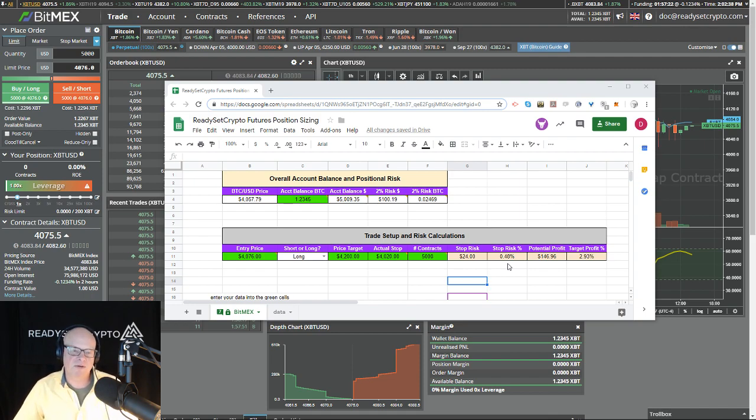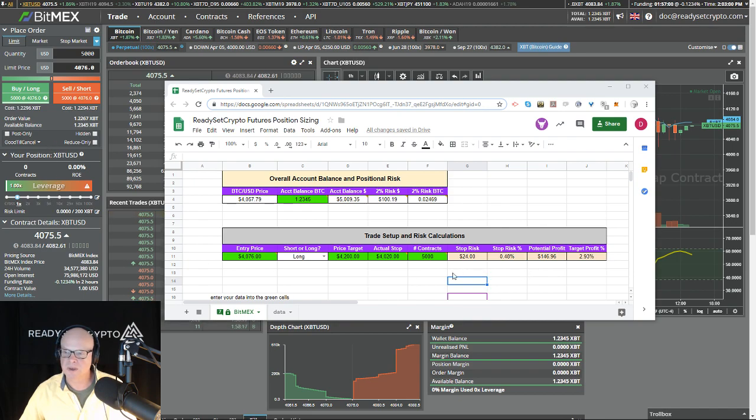This is the key. Don't think that you always have to be running 2% positions just because that's the golden rule. You can run less than 2%. In this case, you can run larger positions if you want to, but I would recommend that you stick with 1x leverage to reduce the number of unintended consequences.